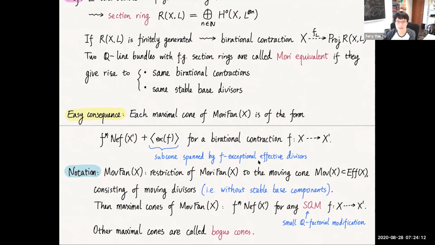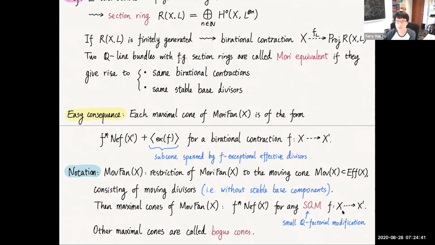But note that any exceptional divisor must lie in the stable base locus. So when we consider maximal cones of the moving part, since the line bundle has no stable base components, has no stable base divisors, then this associated birational contraction f cannot contract any divisors.